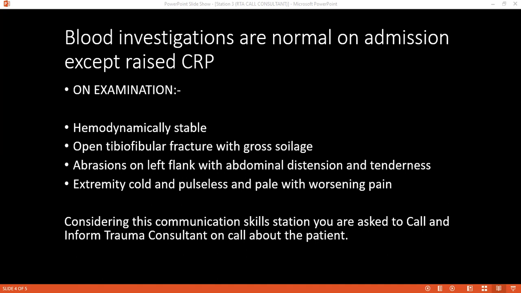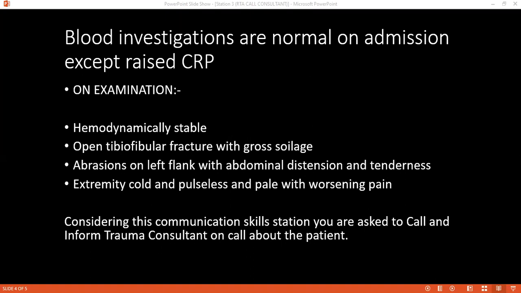Yes, I am required to update about your case and the advice, according to this protocol, orthopedic and vascular consult.